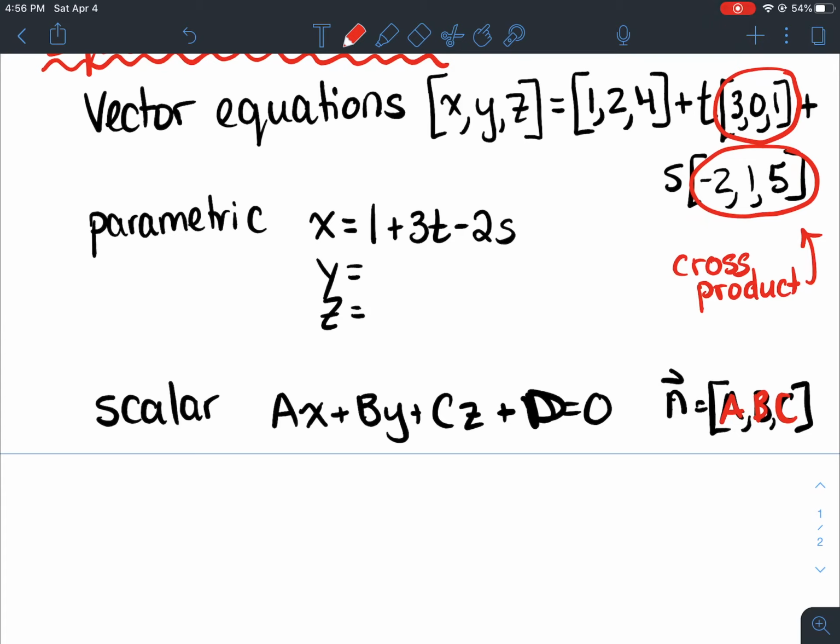Picture a plane: if you had two direction vectors on your plane and you do the cross product, it's going to produce a vector that is perpendicular to both of those vectors, which is what A, B, and C are. Then you can sub in, for example, a point into x, y, and z in order to determine D. So that's how you can come up with the scalar equation of a plane.